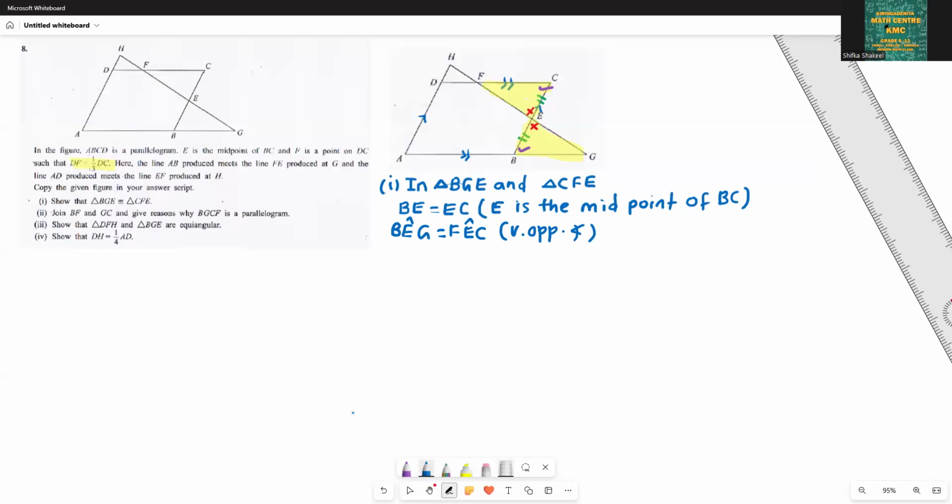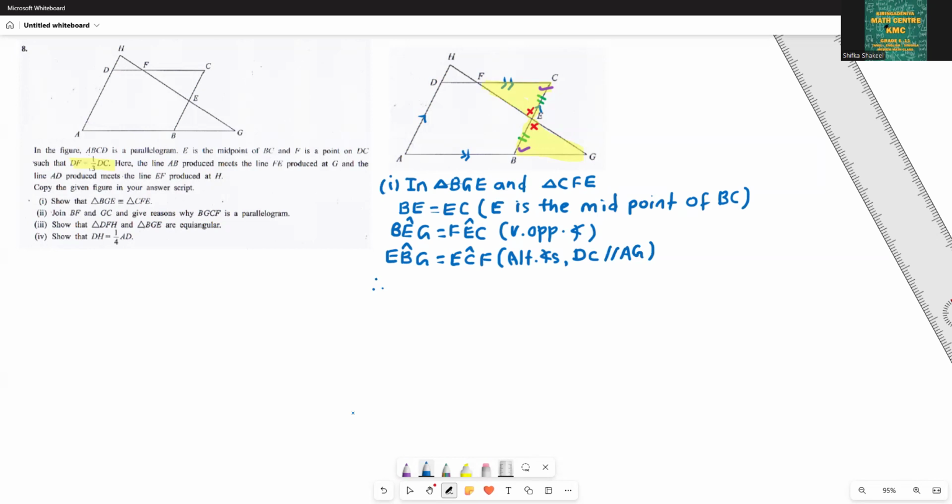So we write angle EBG is equal to angle ECF. Reason: alternate angles. Why are alternate angles forming? Because of parallel lines. DC is parallel to AB, and AB is produced to G, so AG is also parallel. Because DC and AG are parallel, these two angles are equal alternate angles.